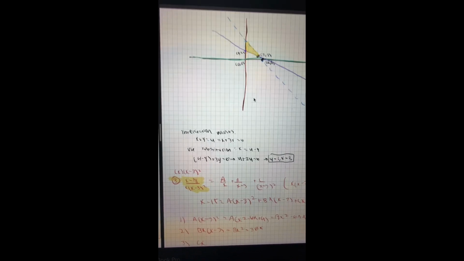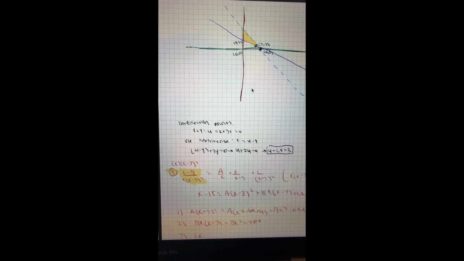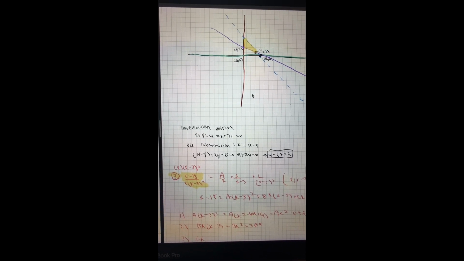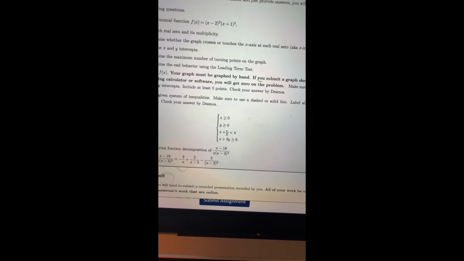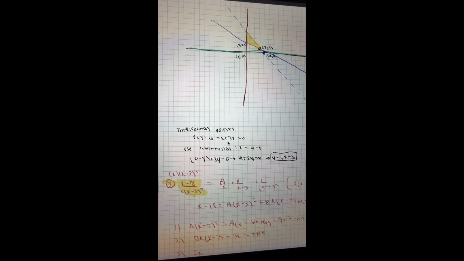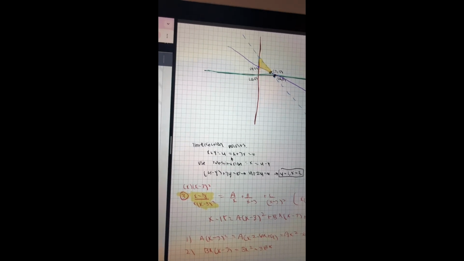And then for our intersection points, we have these two. So you're going to set them equal to each other: x plus y equals 4 and x plus 3y equals 6.